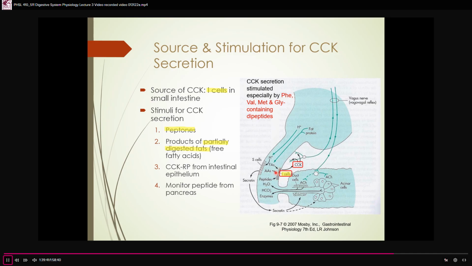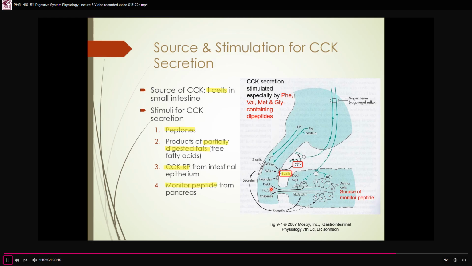stimulating these I cells. There are also some CCK releasing peptides, just peptides that are made by the epithelial cells in the small intestine itself, that can influence and activate these I cells to secrete CCK. And lastly, there's going to be a particular protein that comes from the acinar cells, a secreted product that comes from the exocrine pancreas into the small intestine, and this is called monitor peptide.